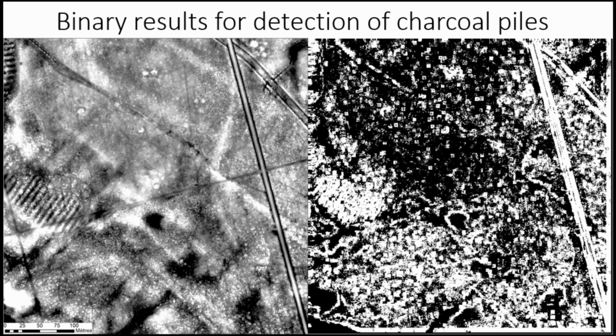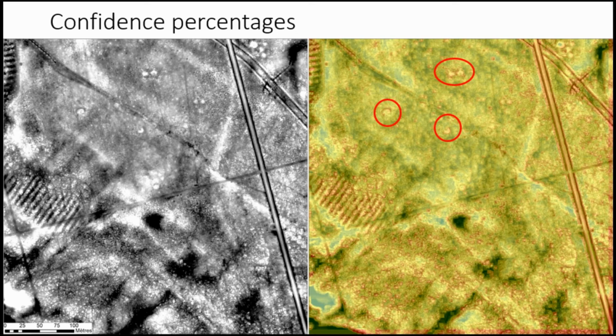But if we show it as a probability matrix map, we have some interesting results which are displayed. Here you have the probability percentages stretched from red to yellow, which means that red, the software thinks that there is a structure, and yellow means it thinks there is none.